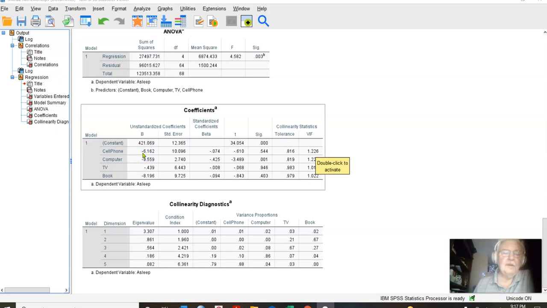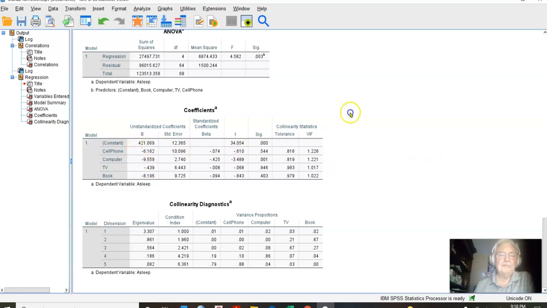If we knew how many minutes a person spent at night on their cell phone, their computer, their TV, and reading a book, and plugged that into this formula, we would get the predicted amount of minutes. That would be our model.